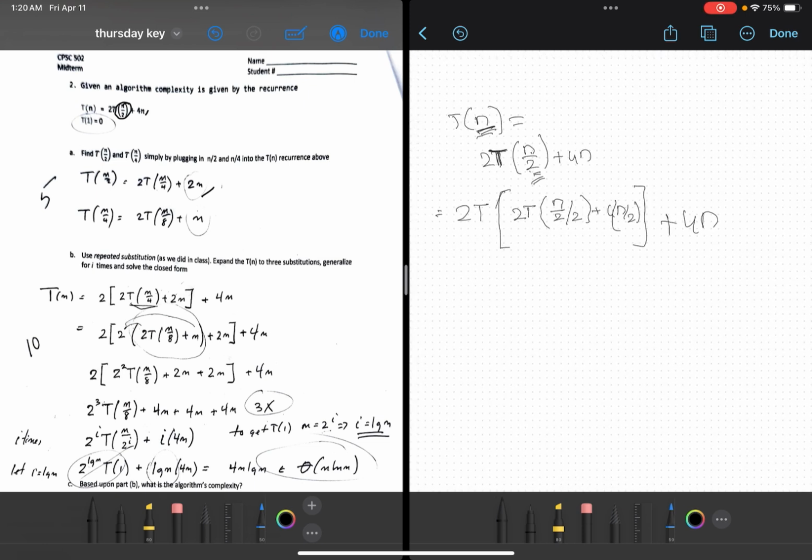What I just did is substitute n by 2 in this equation, and from there I get this equation.